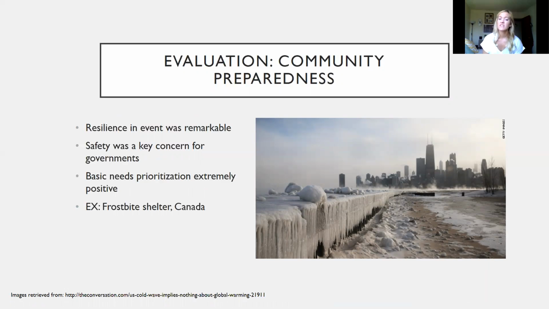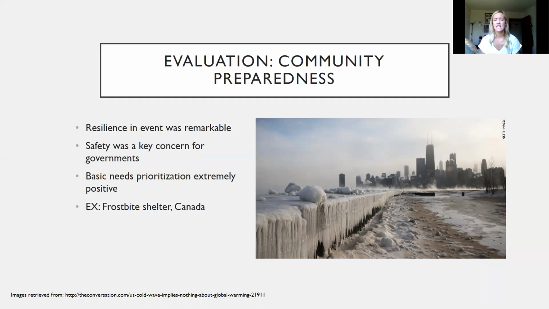An evaluation of the community preparedness: the resilience in this event was really remarkable. Communities really came together to help people out. You saw numerous news articles of people helping to clear snow from their neighbors' yards, or in big industrial areas. They had volunteers just coming out to help remove snow, or help with flooding that actually happened after the event. So that was really great.